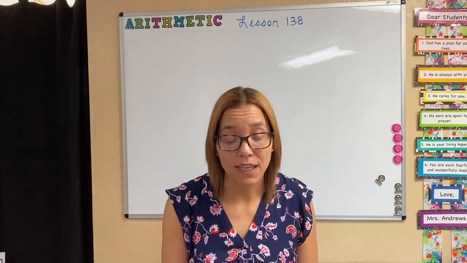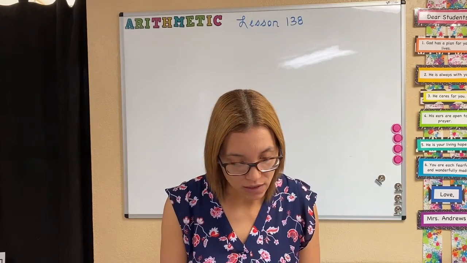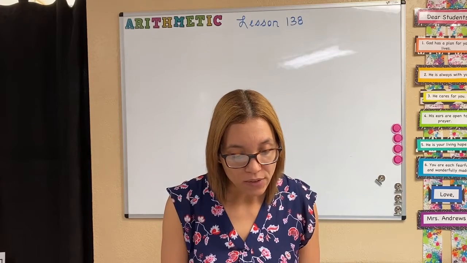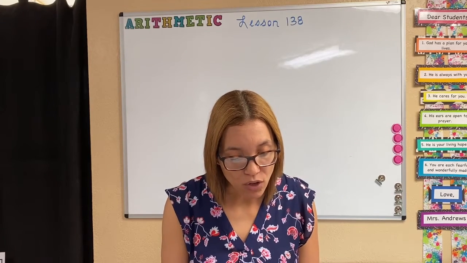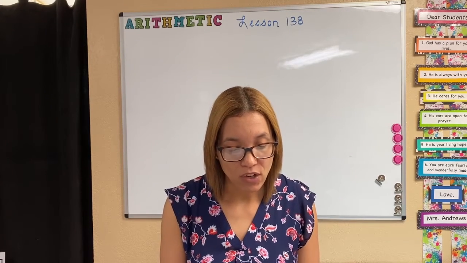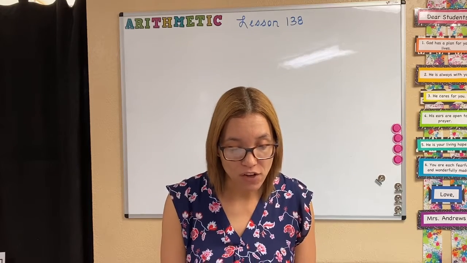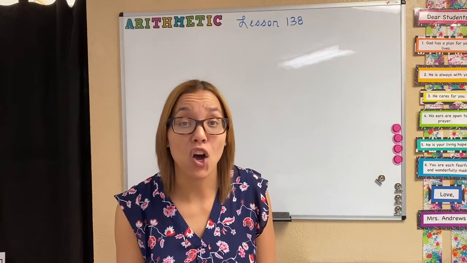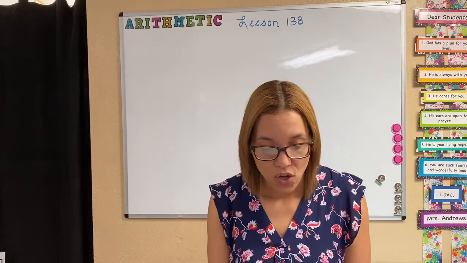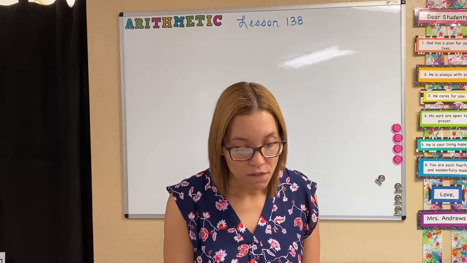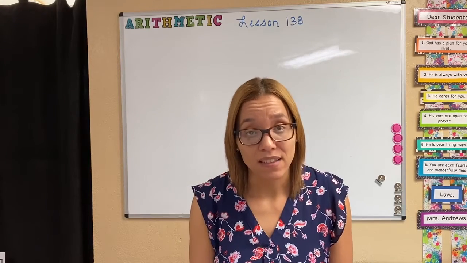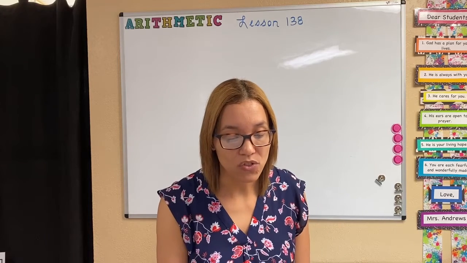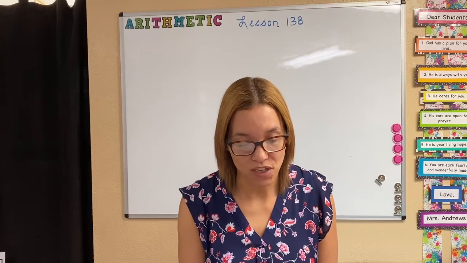It's going to be 60%. Letter E, what percent is simple closed figures? If we look at the 5 figures, that's going to be 100%. Letter F, what percent is hexagon? That's going to be 0%.